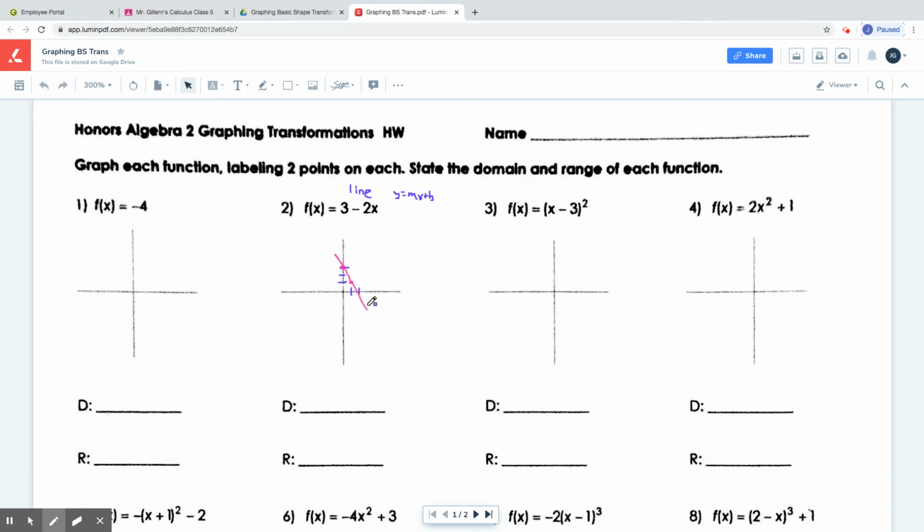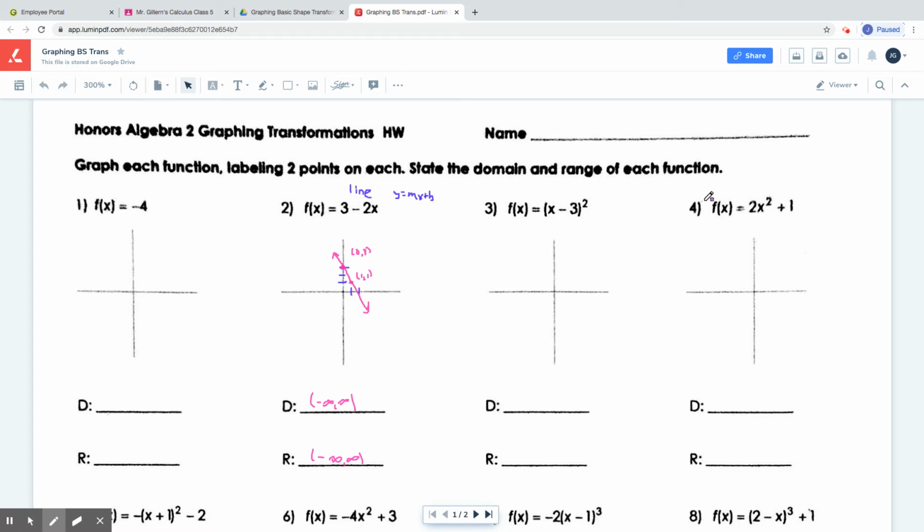And there is your graph. For good measure, label the points (0, 3) and (1, 1). The domain and range of this are both -infinity to infinity, and all lines will be that. So in case you forgot how to graph a line, that's a line.